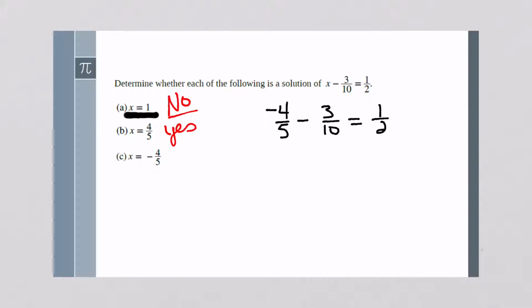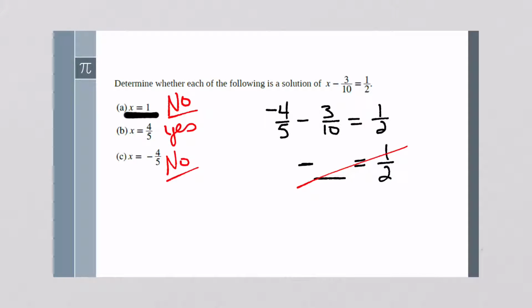So won't you have some negative number equal to some positive number? Use your number sense here. Is it ever possible that a negative number is equal to a positive number? No, it is never possible. I don't even have to do the math. I know that there is no way that a negative number is equal to a positive number.